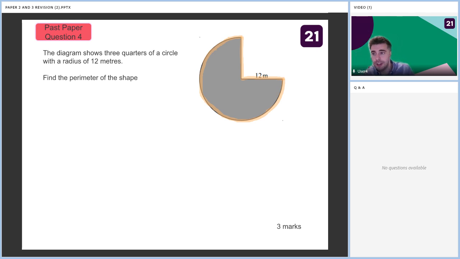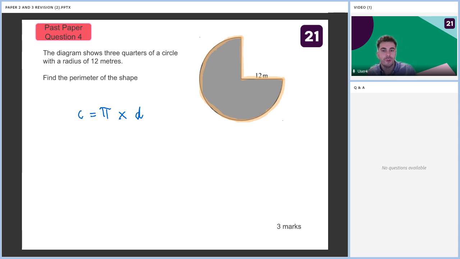Now, we do have, as we mentioned a little bit earlier, a formula for the circumference of the circle. There are two potential formulas. Pi times diameter tends to be the most often used for circumference. Pi times diameter will work out the total circumference of a circle depending on its size.